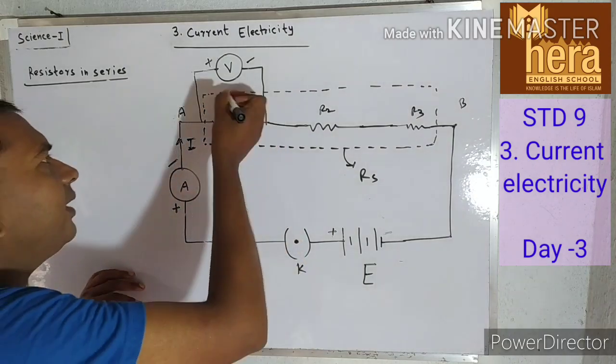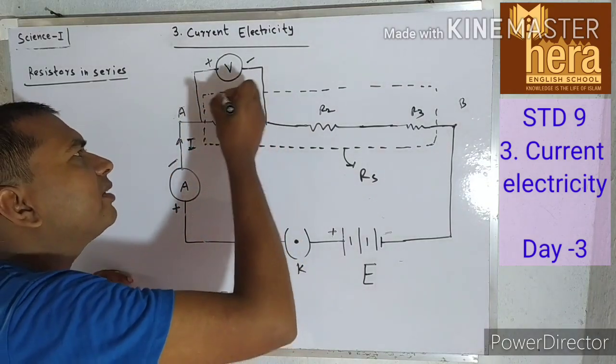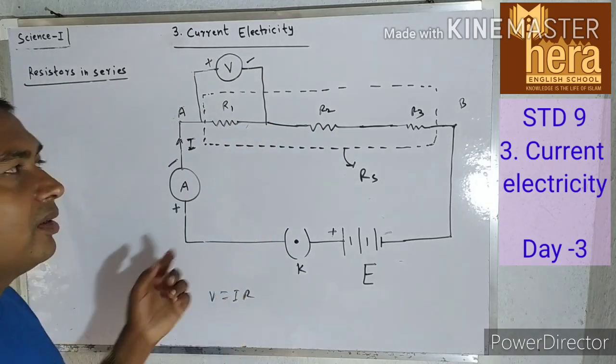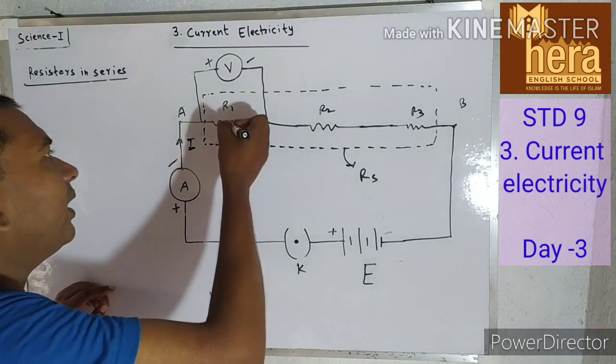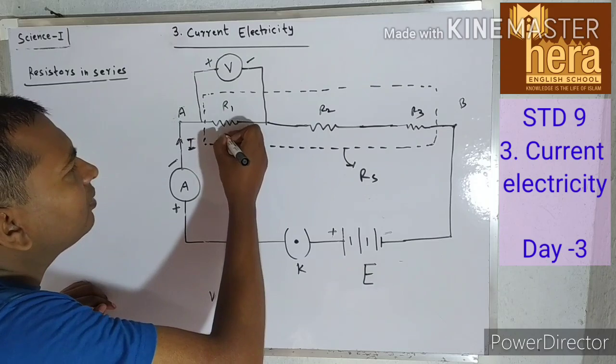So let's say the potential difference across R1 is equal to V1.